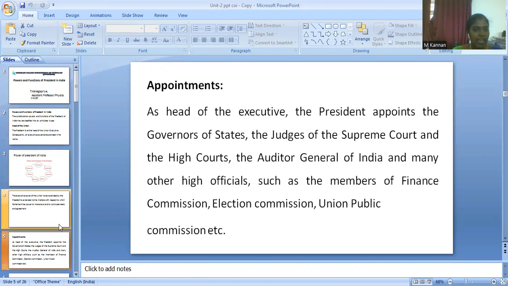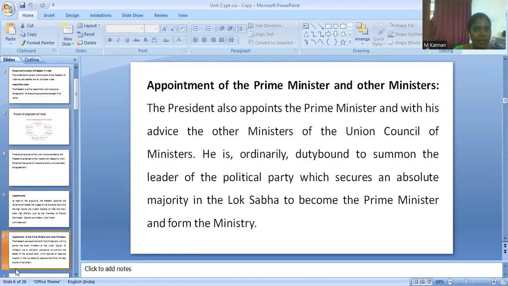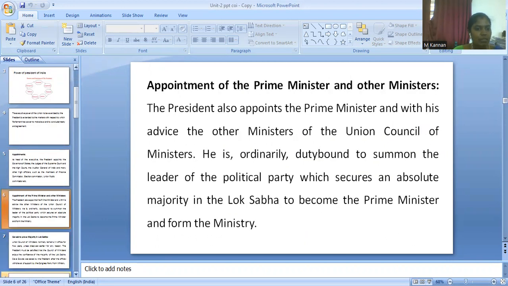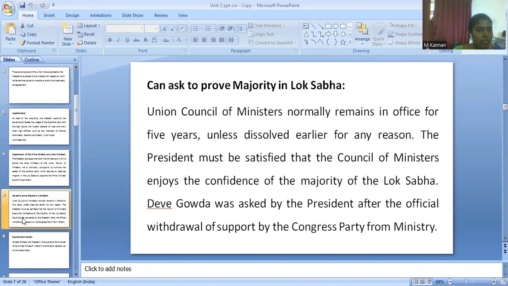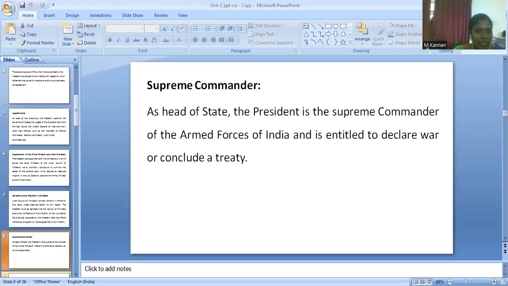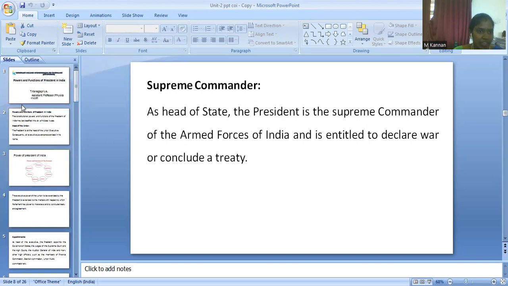Second, appointments. Third, appointment of the Prime Minister and the other ministers. Then he can ask to prove majority in Lok Sabha. Then Supreme Commander: as Supreme Commander, he is the head of all the forces. These all come under the executive powers and functions of the President of India.